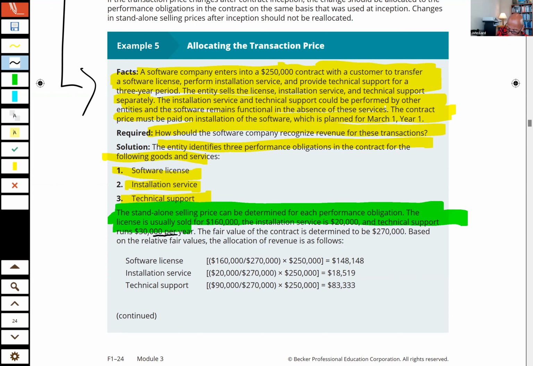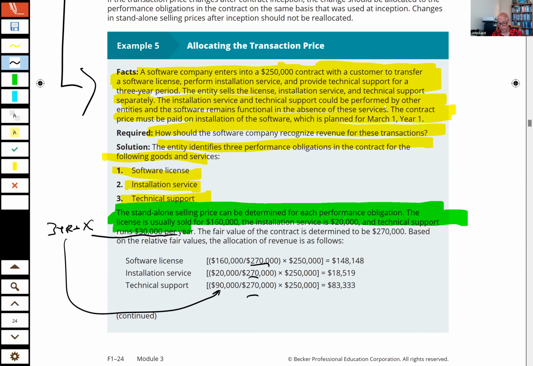And when I was looking at this earlier, I couldn't get this 270, which is the denominator here in this allocation scheme, because I forgot to say, well, if it's 30,000 times what? Times 3 years gives us the 90,000. I was kind of panicking a little bit earlier. Where did they come up with the 90,000? Oh, 3 years, right? Because I didn't read the question carefully.